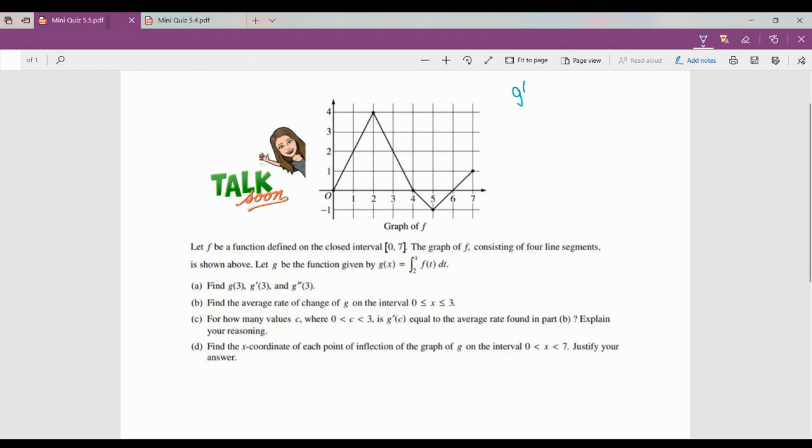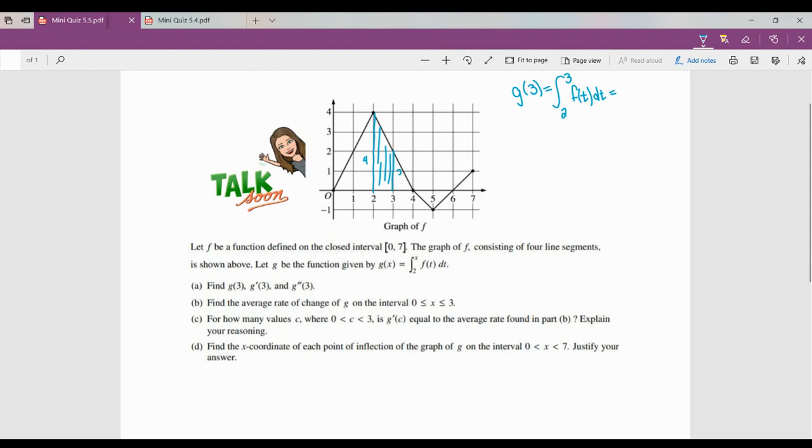All right, so I'm going to just start up here and do part A. So g of 3 is going to equal, we plug 3 into the g function, so the integral from 2 to 3 of f of t dt. So that's going to equal the area under the curve from 2 to 3. So we've got a trapezoid.